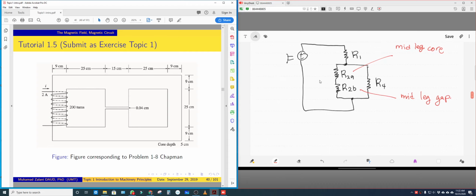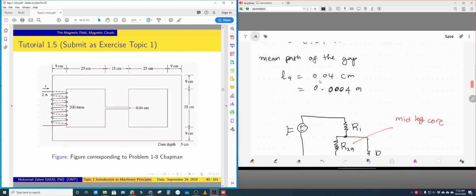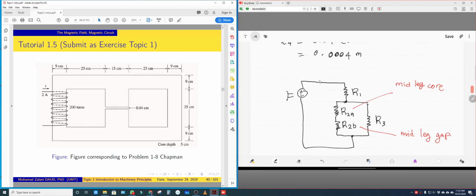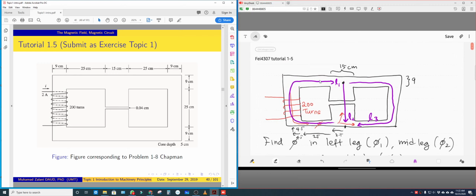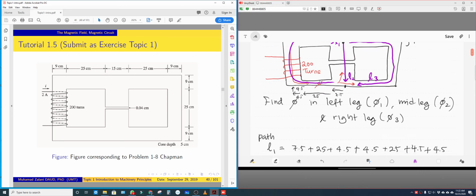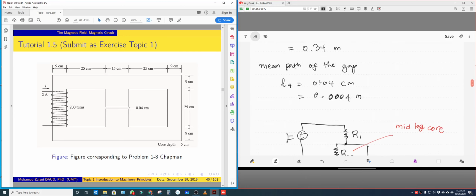So we want to make all of these reluctances R1, R2A, R2B, sorry, R3. This is R3, not R4. We don't have R4 in this case. So since we have all of these reluctances, we have to find the total reluctance.